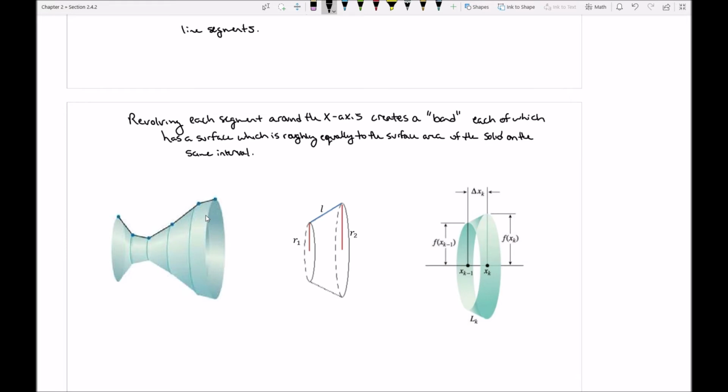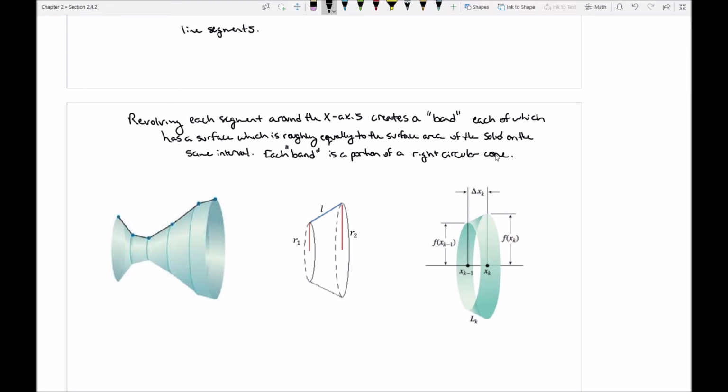Well, specifically here, I'll be able to state that each band is a portion of what we would call a right circular cone.